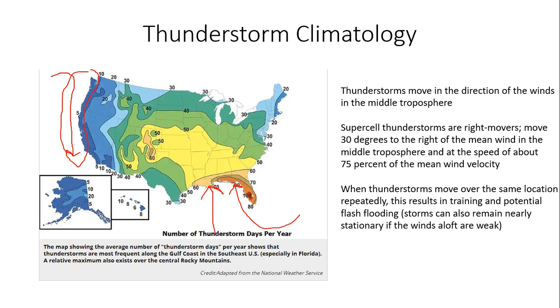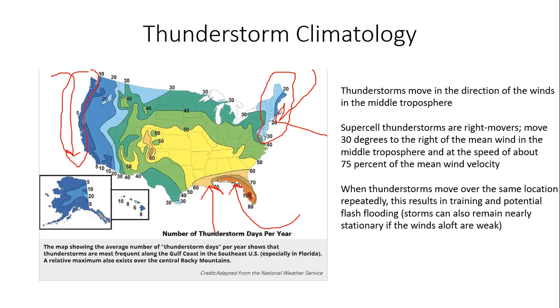That more moist air tends to always want to rise in the vertical, and you typically get a lot more thunderstorm development in this part of the country. And then you notice a lower number up towards New England, too. Well, why do you think that is? Again, it comes down to the airflow and the air masses. You get a lot of maritime polar air that tends to visit our friends up in New England, and that's more stable as well.